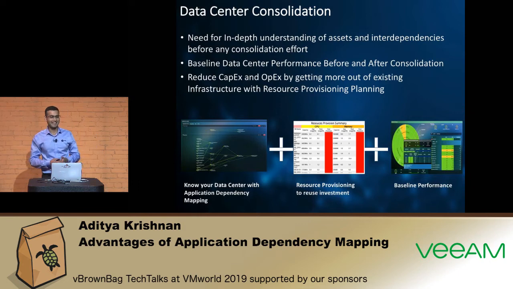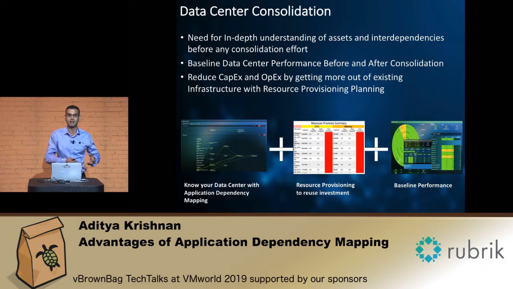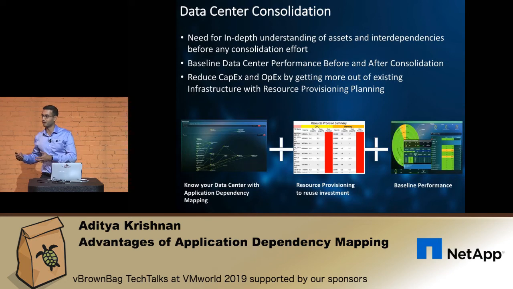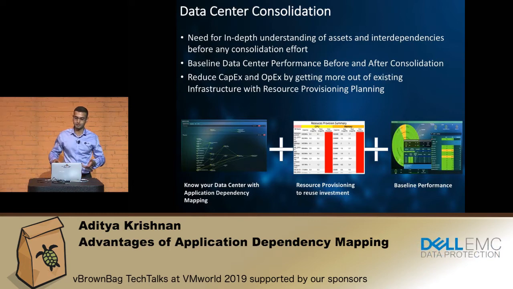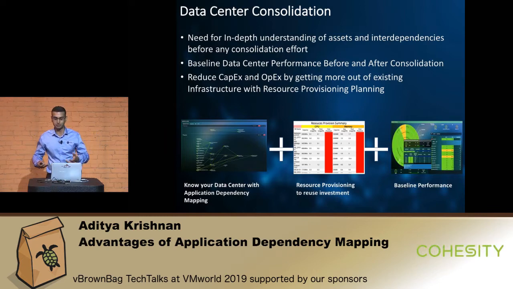So the next is data center consolidation. In a lot of organizations these days, instead of having multiple data centers in multiple different locations, they tend to bring all of them together and consolidate the data center. This essentially is created to help reduce the costs and can help in identifying areas to reduce costs and optimize the environment as well.